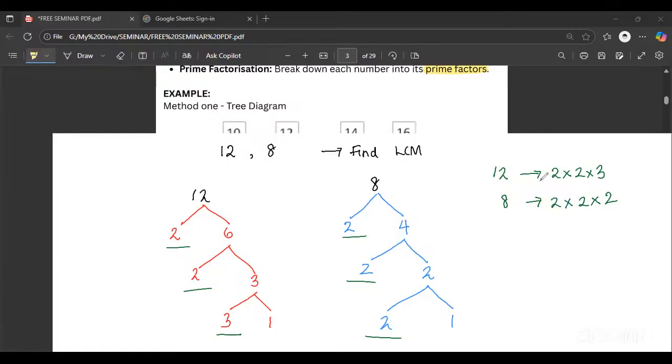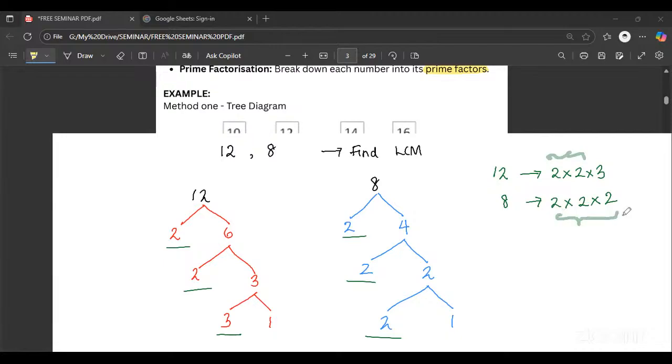Then let's move on to the next step. After this, you check in 12 and 8 for the numbers which are higher. In 12 you have two twos, but in 8 there are three twos.